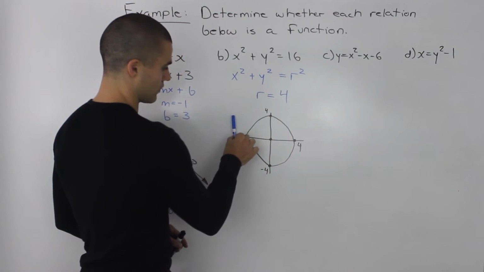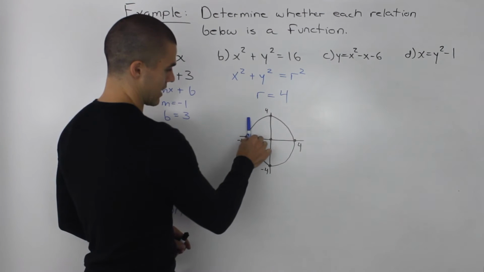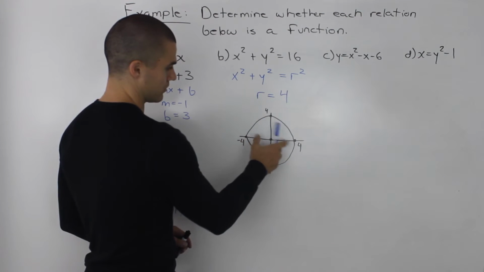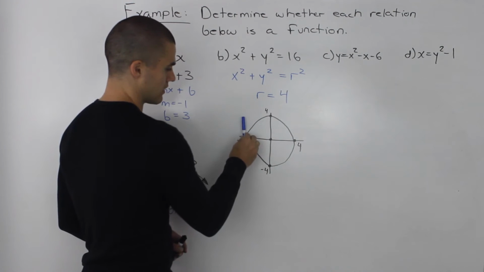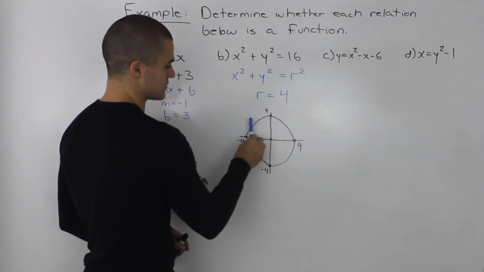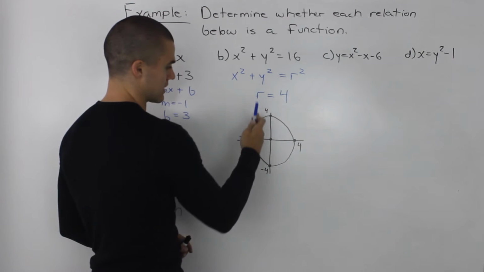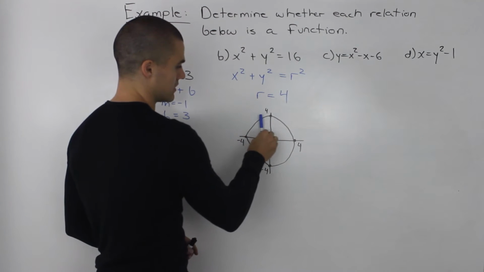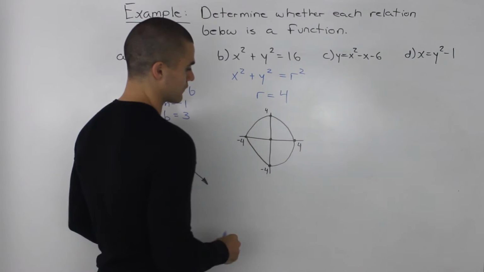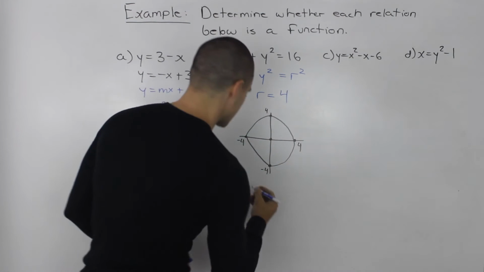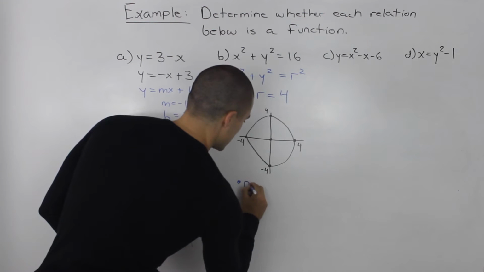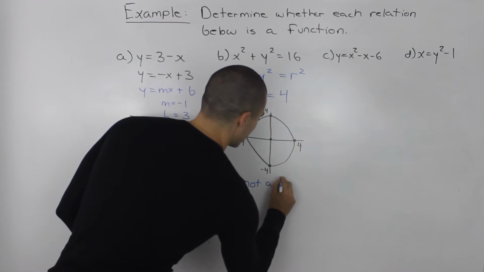When we run a vertical line through it, notice how at pretty much every point besides the x values of negative 4 and 4, there are multiple y values. The vertical line is touching twice on the graph. So we know that this relation does not pass the vertical line test, so it's not a function.